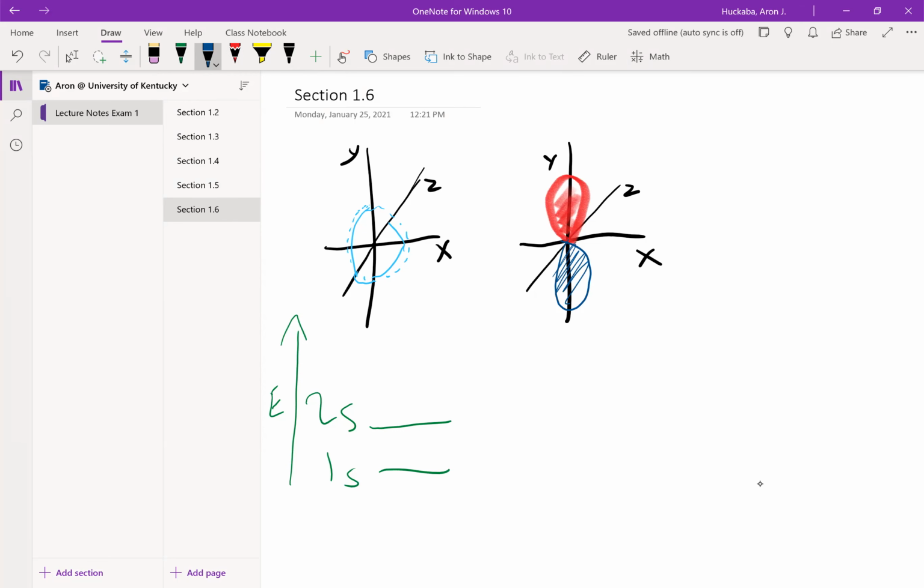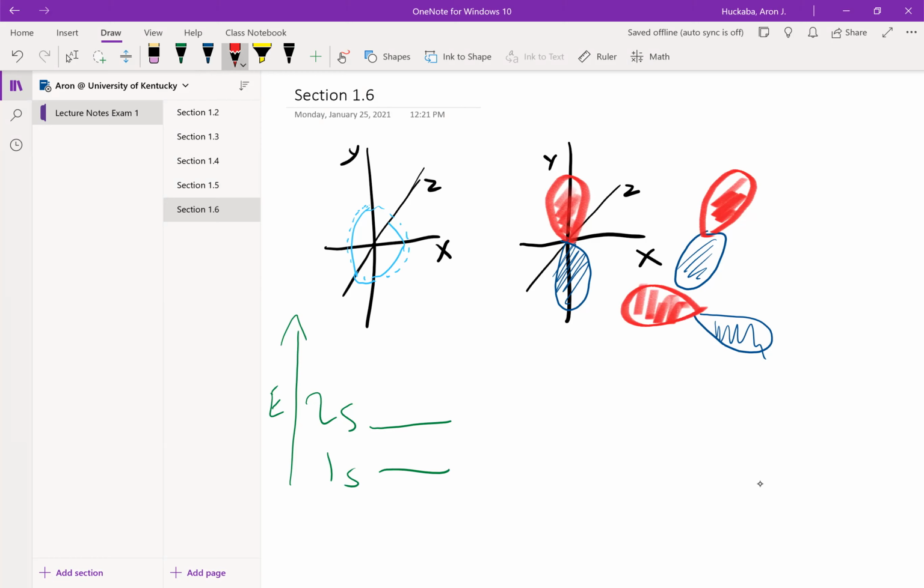This is one type of p orbital, only in the y and the x direction. But you can also have an orbital that is in the z and x direction, and one in the other combination. What I'm trying to illustrate is that they have three different ways of existing.